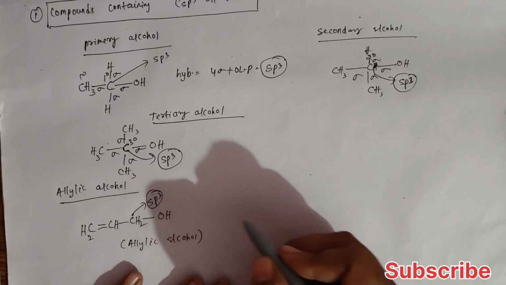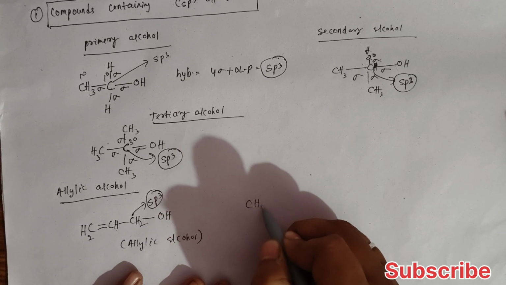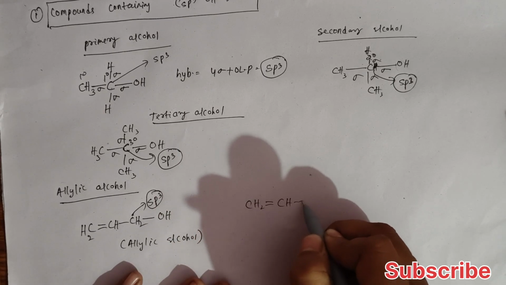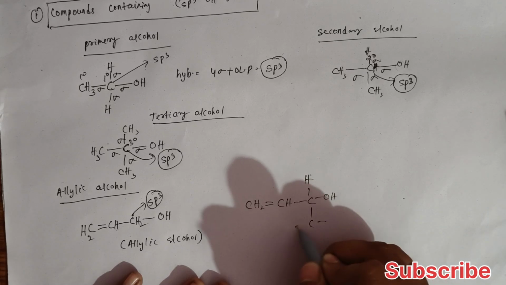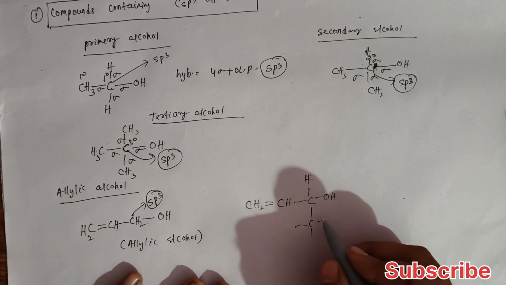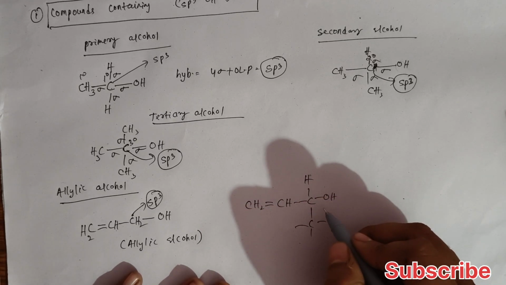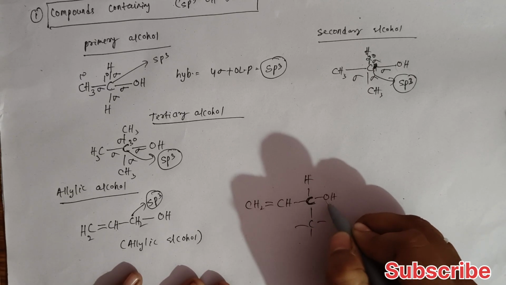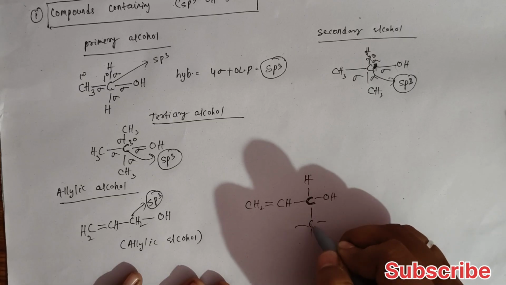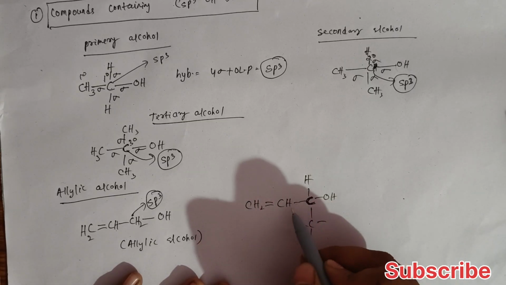Like this, we can classify secondary alcohol as CH2=CH, then CH, then OH, then our C triple bond C. This is our secondary. How can we say that it is a secondary allylic alcohol? Because this carbon atom is directly attached to the OH group, and this carbon atom is directly attached to two carbon atoms.